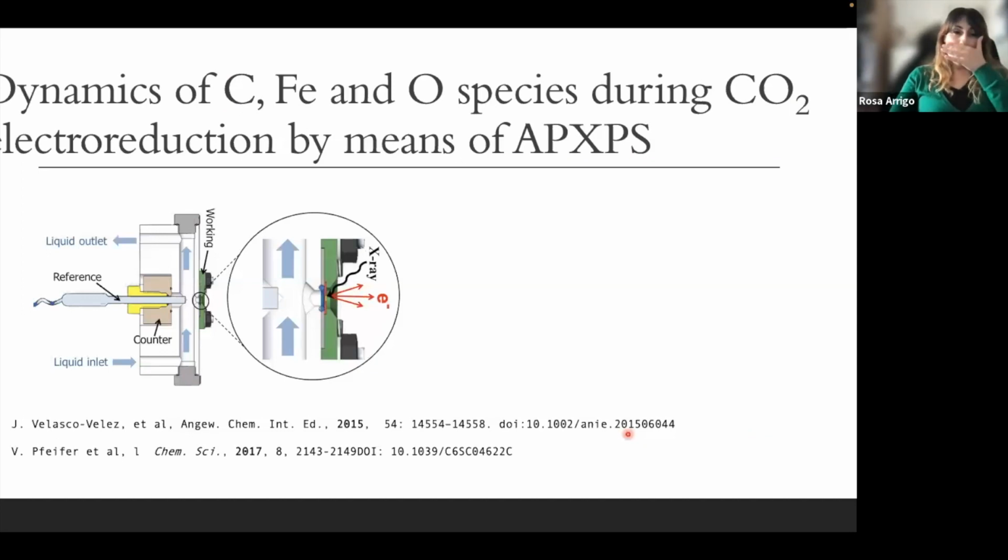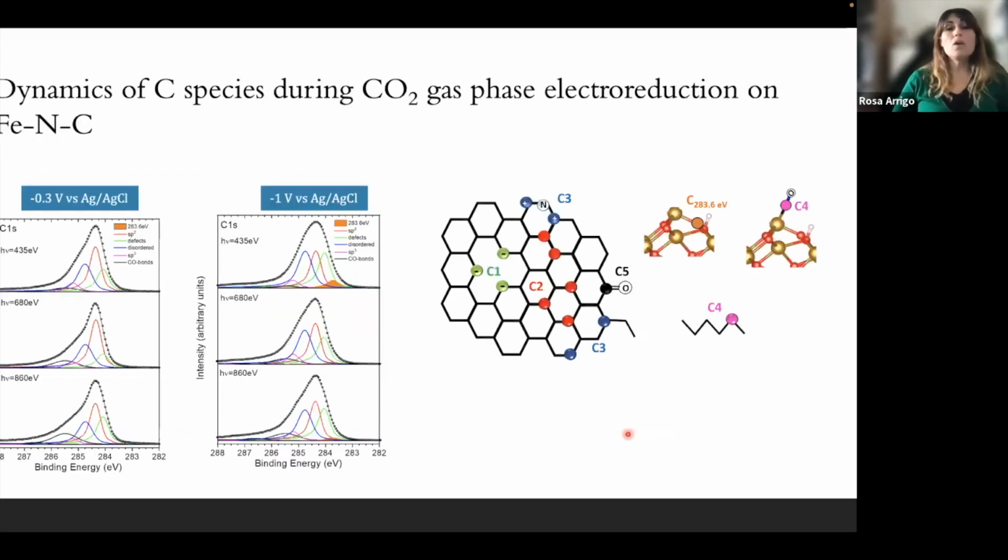Now, going back to the dynamics under CO2 reduction, using the cell I have shown you before, these experiments were carried out at BESSY. What we have seen is that we look at the C1s. Obviously, we look at all the elements, but here I'm showing you the C1s.